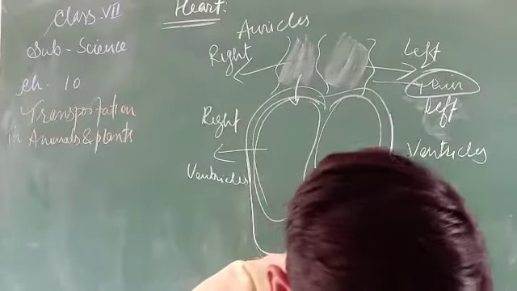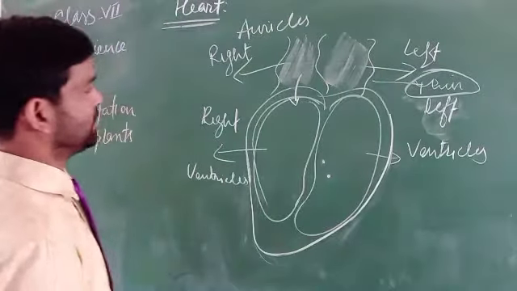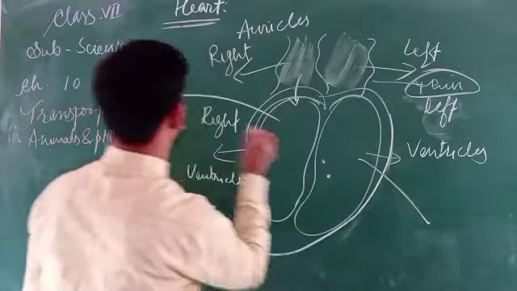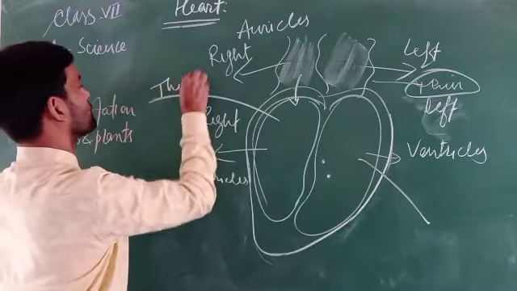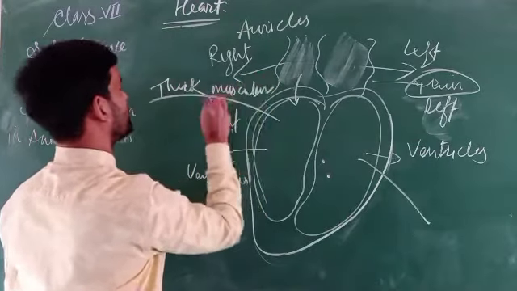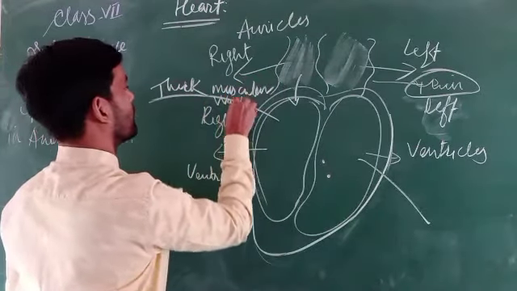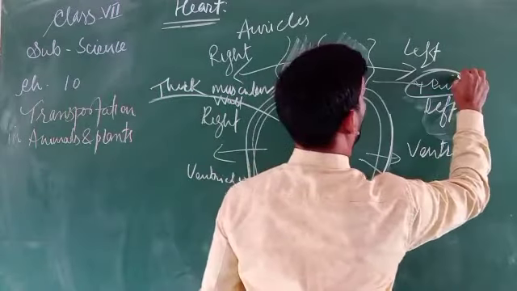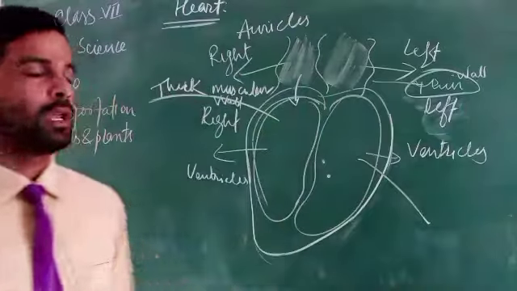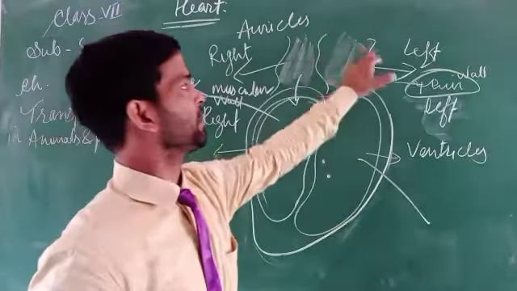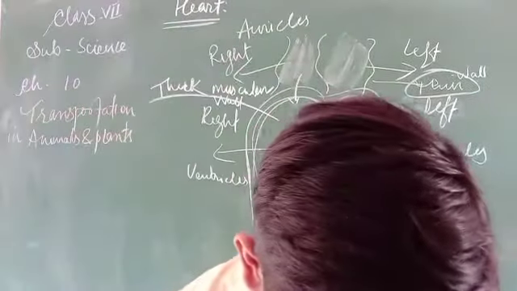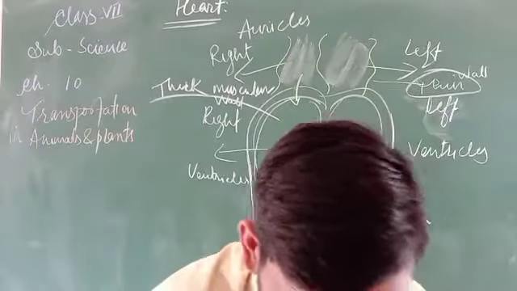The two lower chambers have a thick muscular wall. These are the thin walls, and these are the thicker walls. These are called the ventricles.